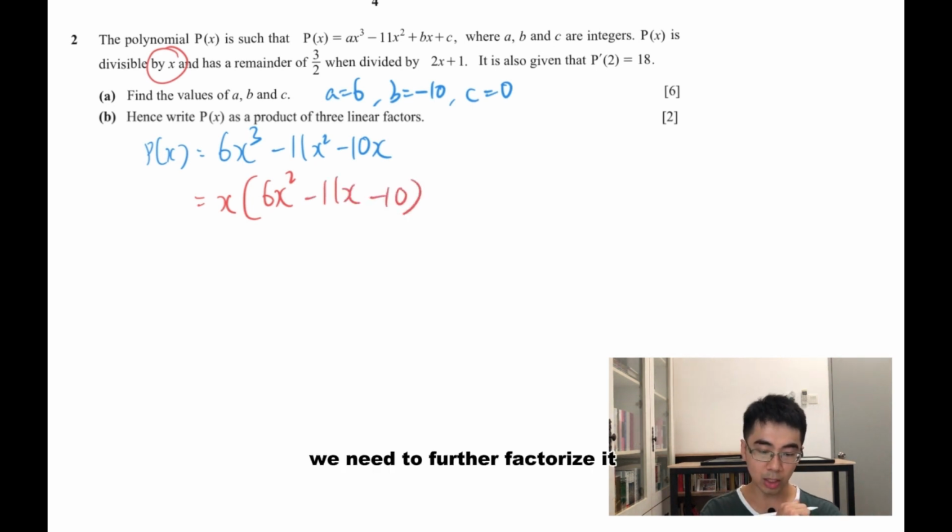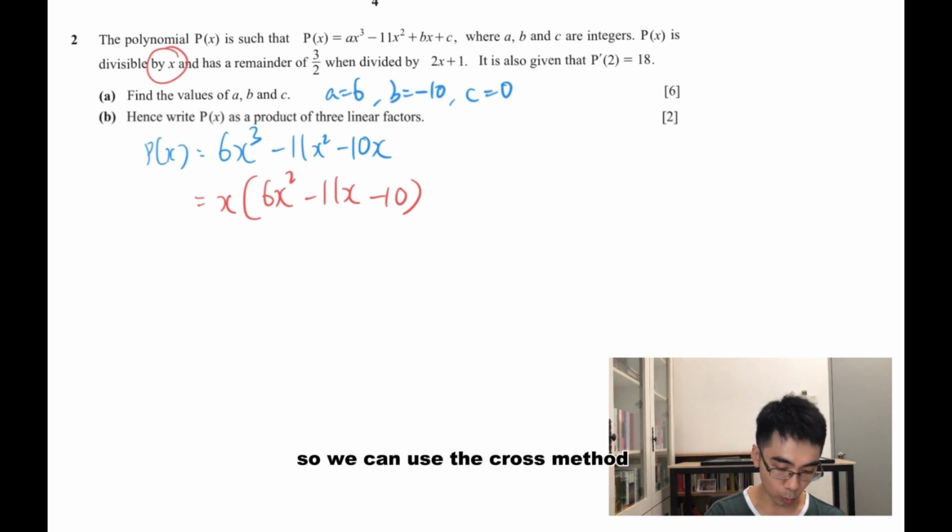So here we need to further factorize, because we just got two factors, and the first one is x, and then the second one is the whole bracket, but that one is not a linear factor, so we need to further factorize that one. So we can use what we have learned before in some junior form, which is the cross method.